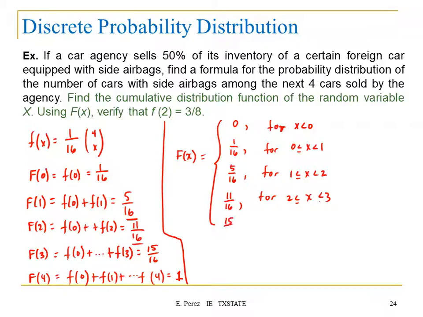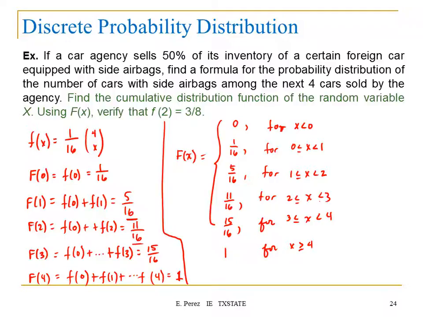You have 15 over 16 for 3 less than or equal to x less than 4, and then 1 for x greater or equal to 4. Now, we need one more thing for this problem. We have the cumulative distribution defined.